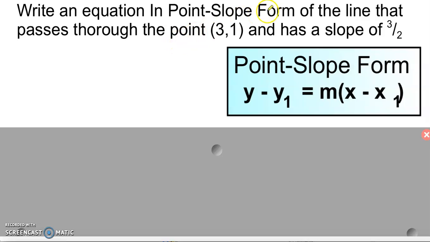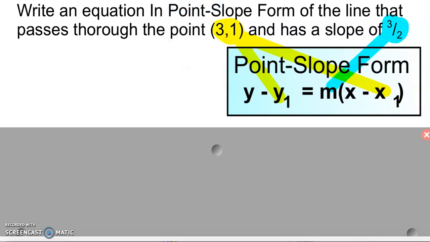So in this case, I want to write an equation in point slope form that goes through the point 3, 1, and has a slope of 3/2. So again, all I've got to do is fill in. I'm going to fill in my y at 1, my x at 3, and my slope at 3/2.